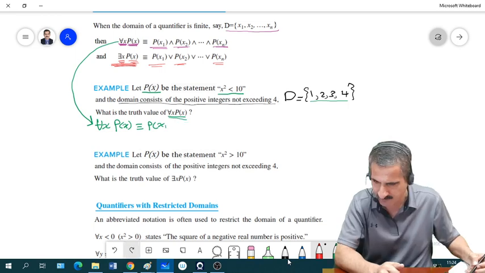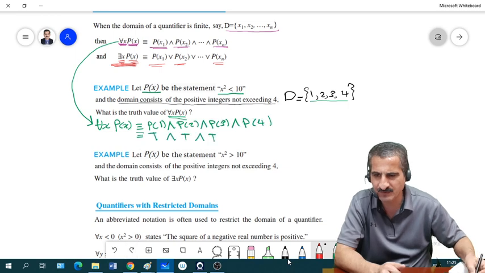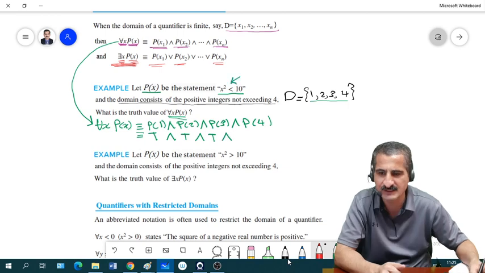Okay. Now we have P of 1 and P of 2 and P of 3 and P of 4. P of 1 is true, P of 2 is true, P of 3 is true, but for P of 4, the square is 16 and it is not less than 10, so it is false. So the truth value of this is false.